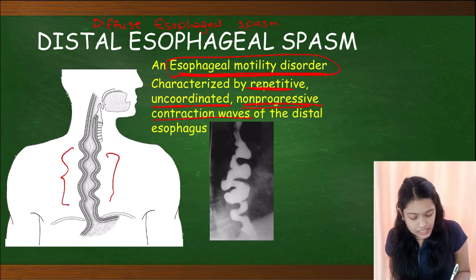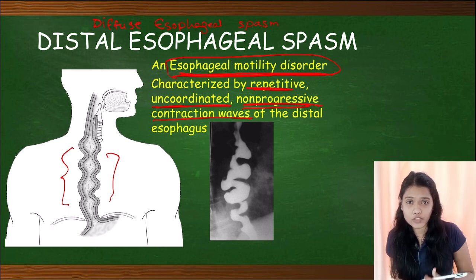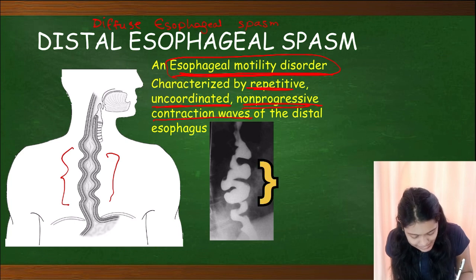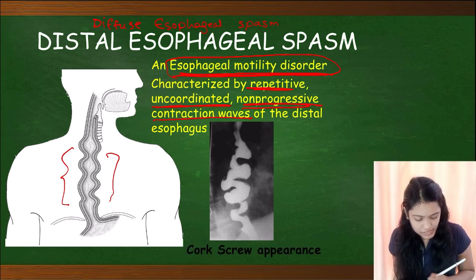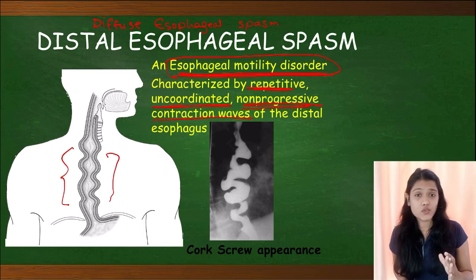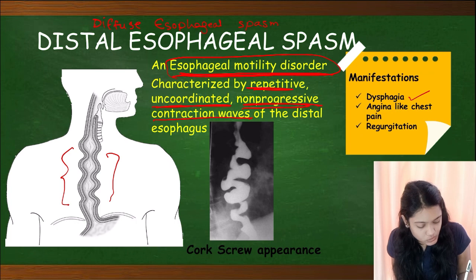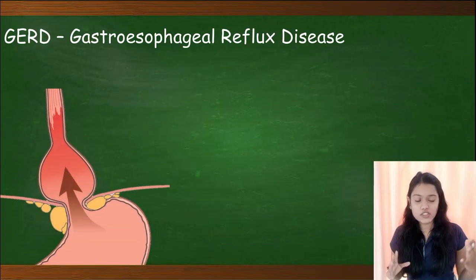So this is a motility disorder of the esophagus, and on barium swallow we can see this corkscrew pattern. And what are the manifestations? Manifestations are dysphagia, angina-like chest pain and regurgitation. This was all about distal esophageal spasm.